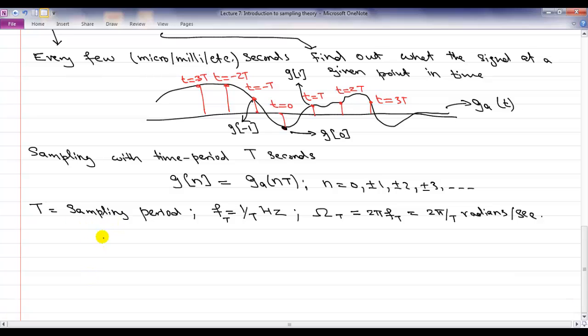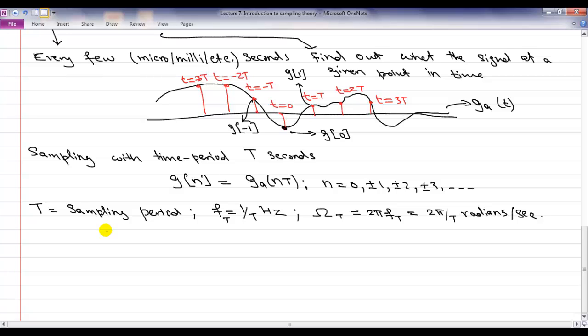So converting the continuous signal to the discrete signal is actually very easy using this uniform pointwise sampling. You just go read the signal value, put it in a sequence. The challenge is the following. How do you know that what you have recorded is enough to represent the signal?